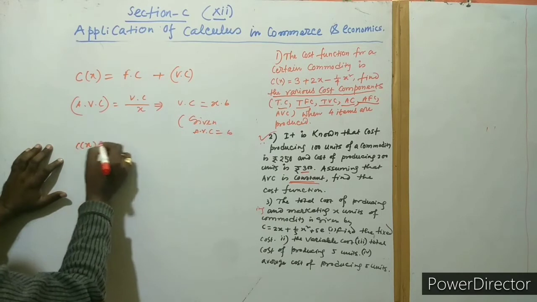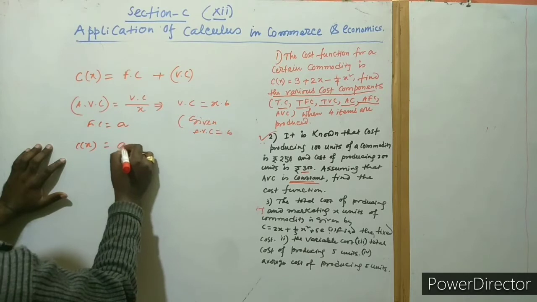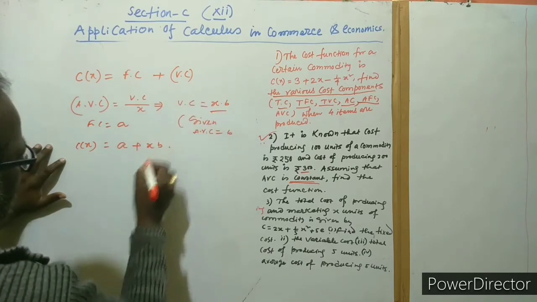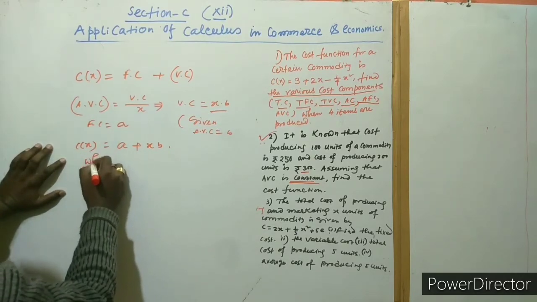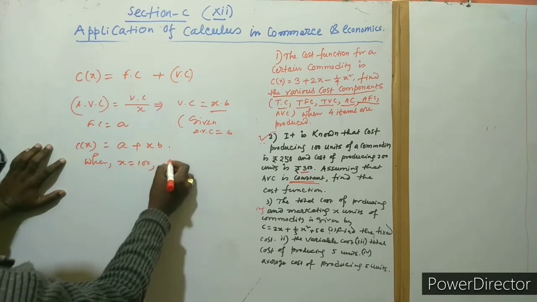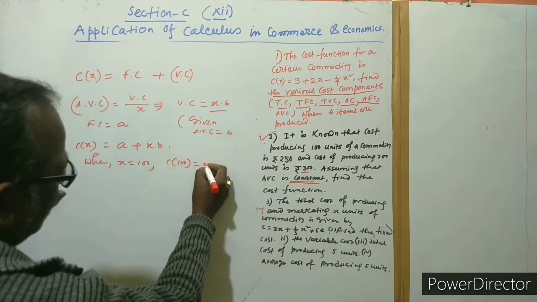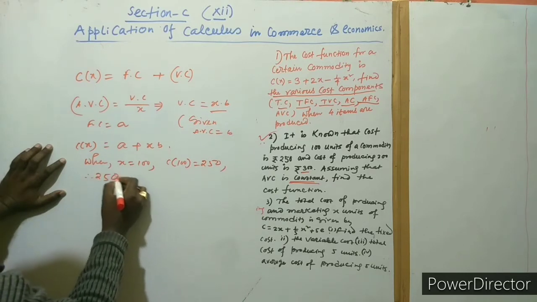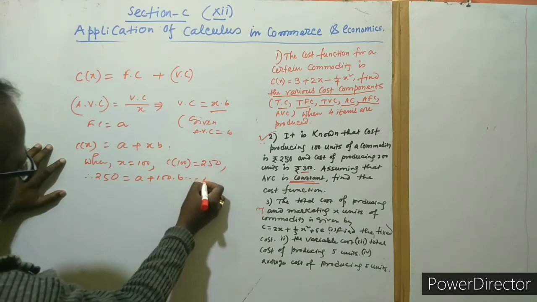So C of x here is, let us assume the fixed cost is A, so A plus VC, which is x into B. Now when x is 100 units, then C of 100 is given as 250 for 100 units. Therefore we can write here 250 is equal to A plus 100 into B.